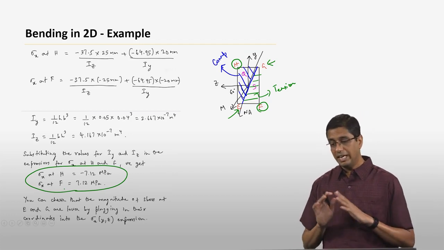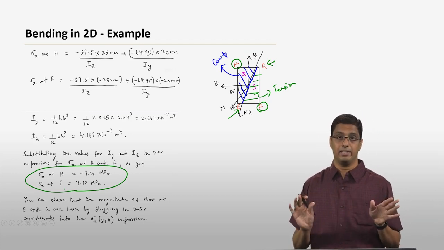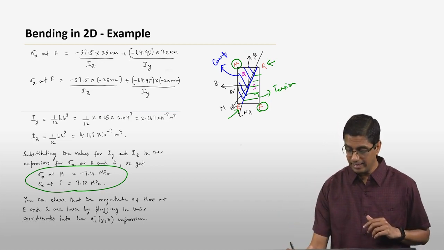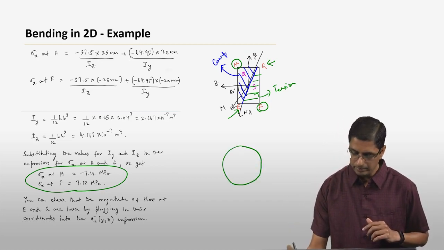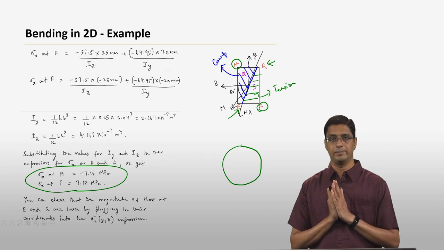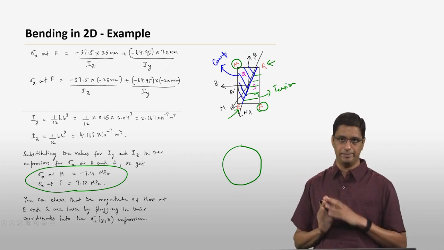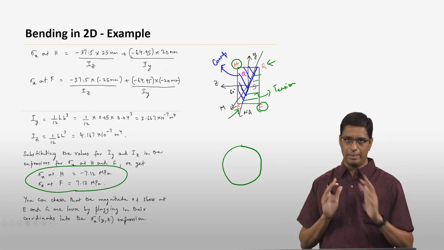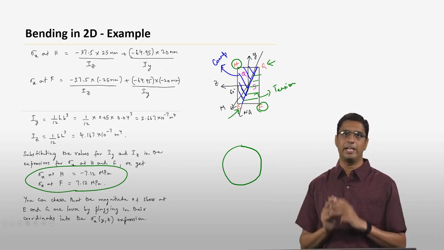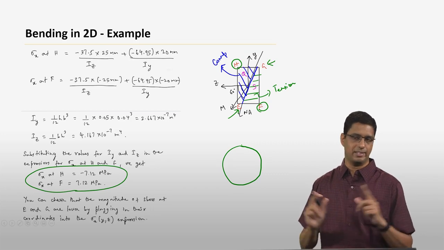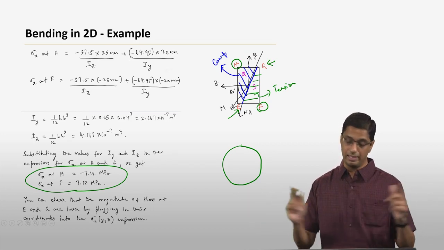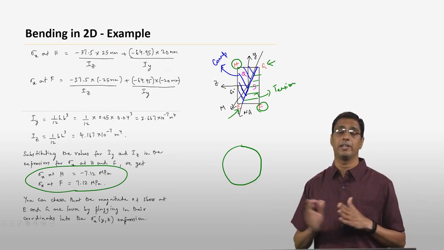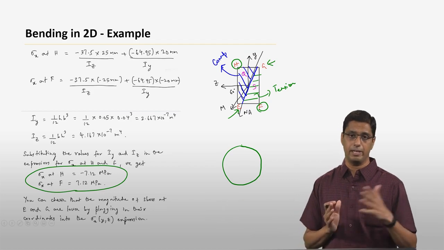Now, if this cross section was not rectangular, but rather say circular, okay, and we had the same force applied at the end of the beam, the Mz and My are not going to change because they don't depend on the cross section. They just depend on the geometry of the beam, or the length of the beam and how far the force is from the point of analysis, right?